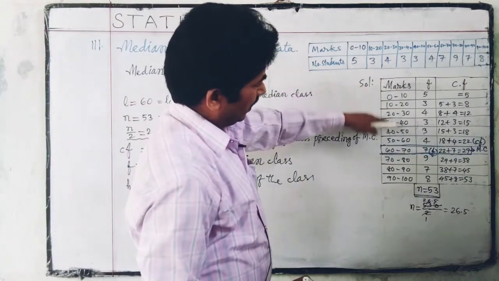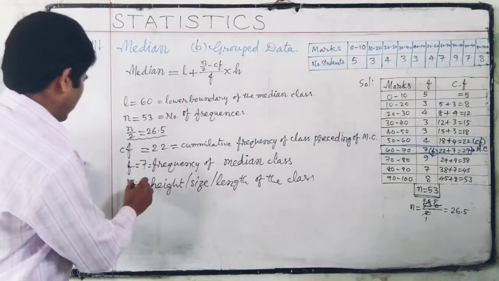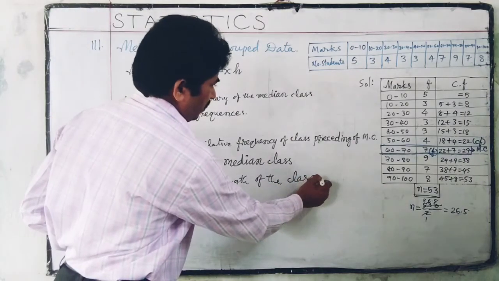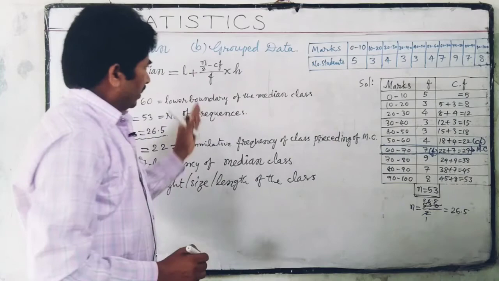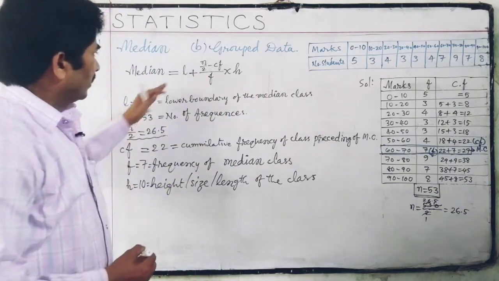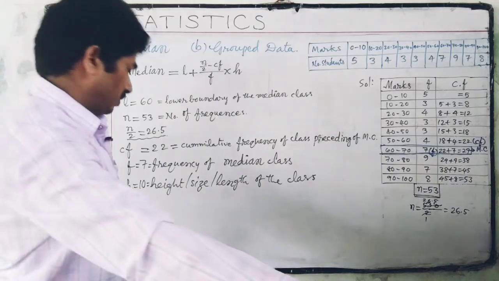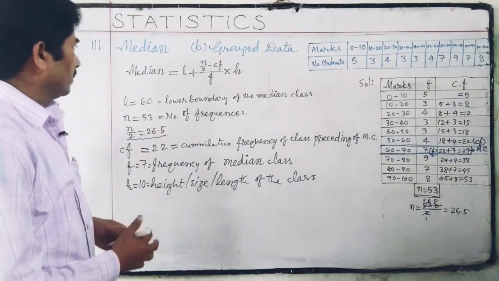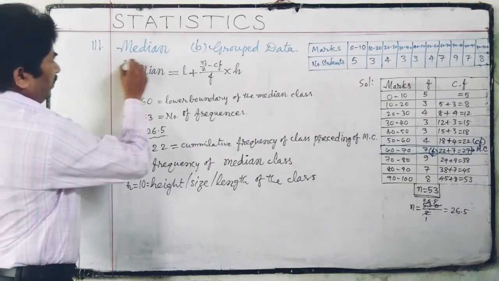Here it is increasing by 10. So 10 is the length of the class. So we got all the values in this formula, and we can complete this by substituting the values.